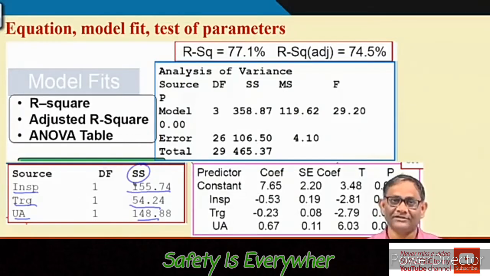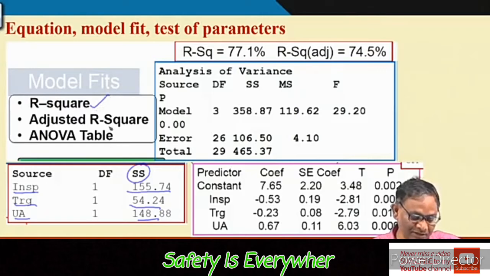We will not discuss degrees of freedom, you just follow some book. First, whether the linear regression model fits the data or not: we will use three measures, R square, adjusted R square and the ANOVA table.